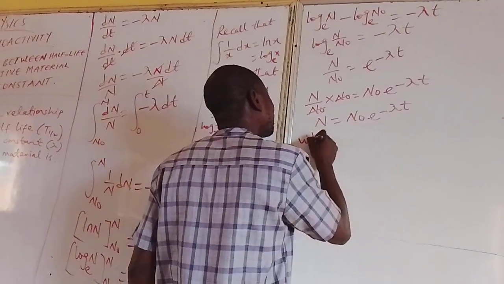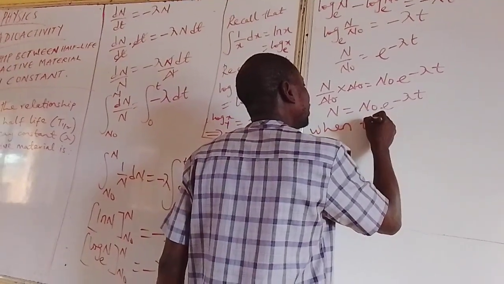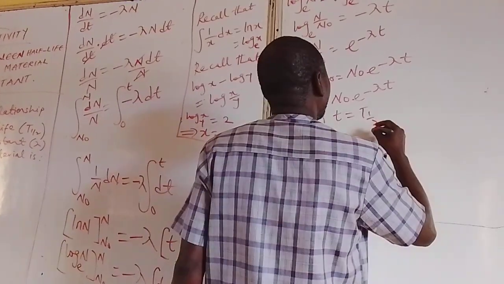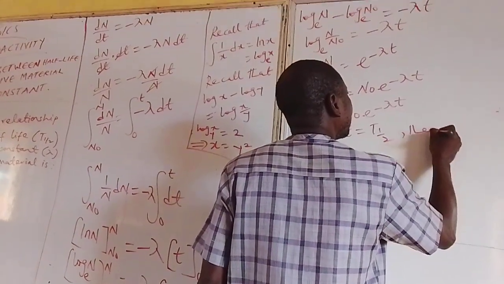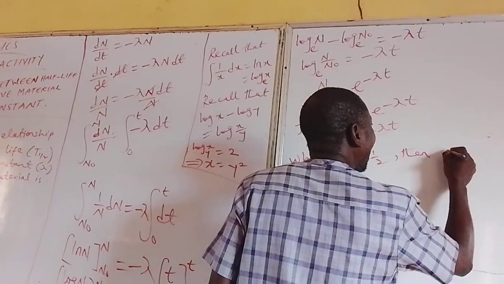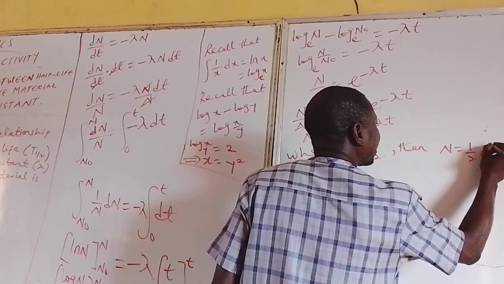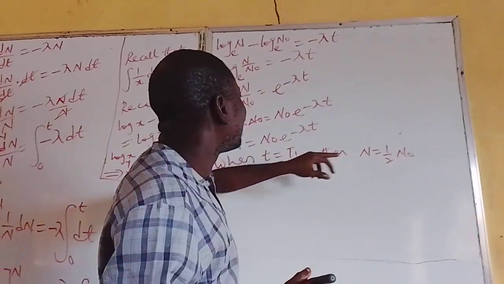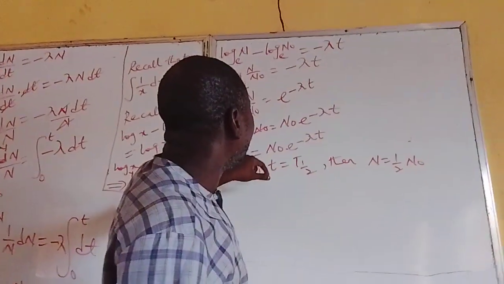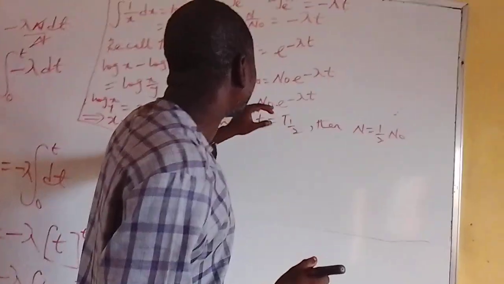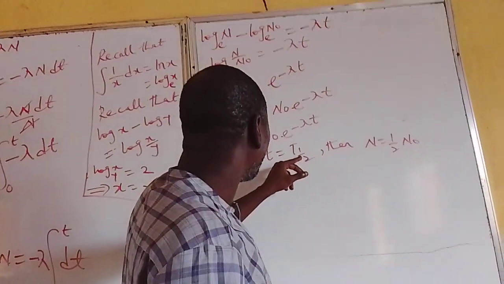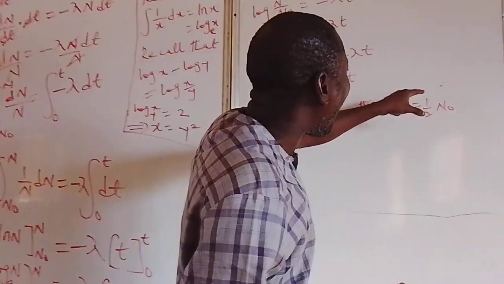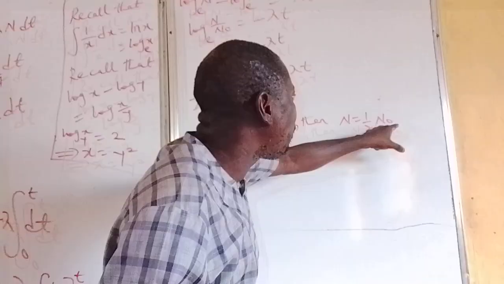Now, when T is equal to T half, then N is equal to half N naught. Now let me interpret this statement. This statement means when half of the original material has decayed, that is, T half is the time taken for half the original materials to decay, then definitely half of the original materials will be left.